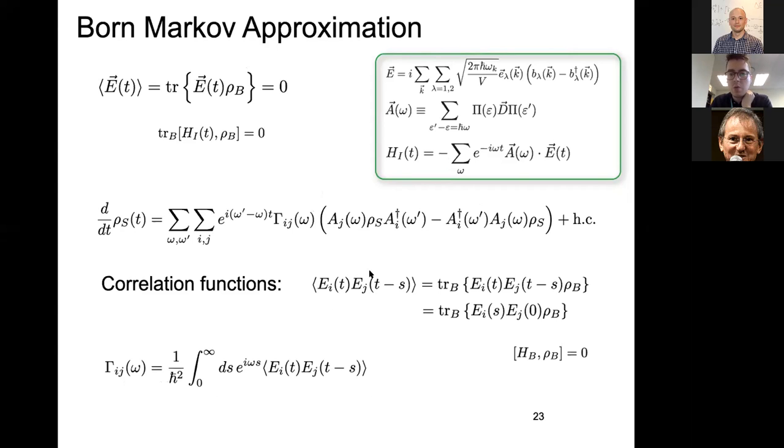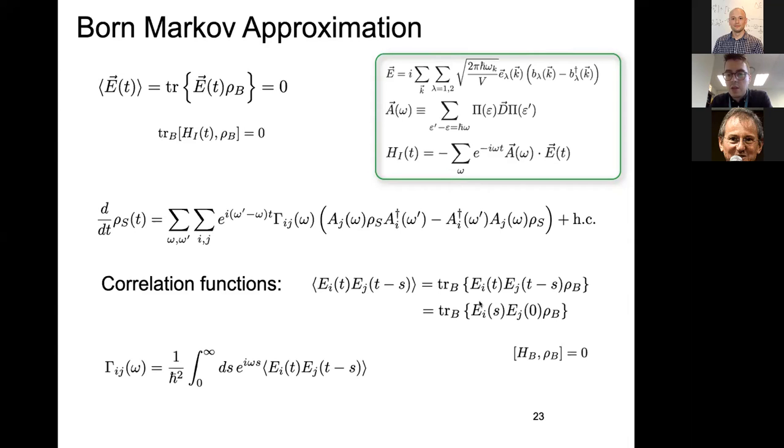And in this example, based on this form of interaction Hamiltonian, our reservoir correlation functions are going to be formed out of each of the Cartesian components of our electric field vector. So our reservoir correlation functions are just written in this form.